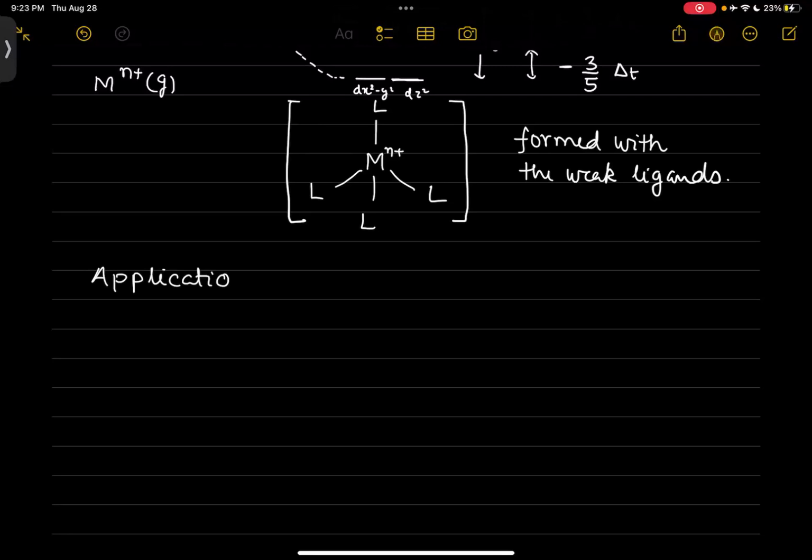Blue. Pardon? It is light blue colored, right? Yes. Greenish can form if it is with chloride, right? Copper sulfate in water is light blue. So the most important application of CFT, crystal field theory, is the color of the complexes.